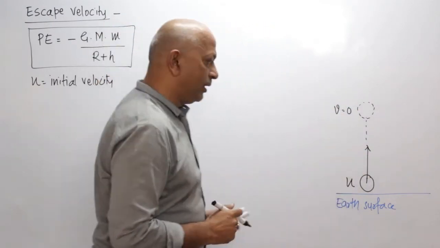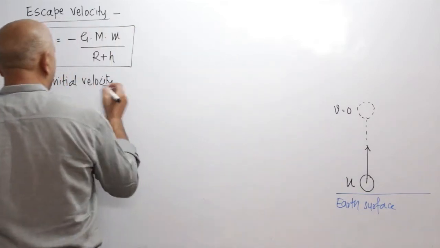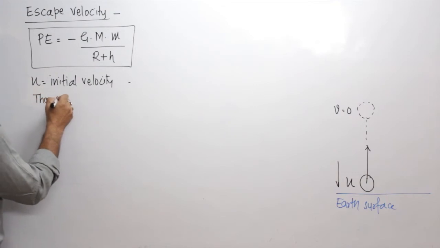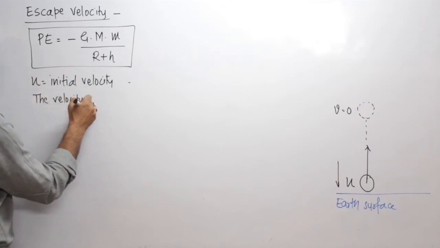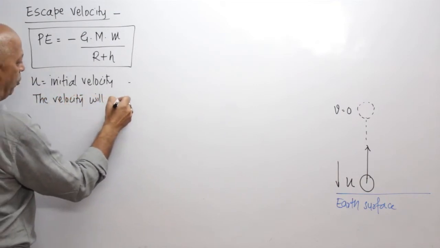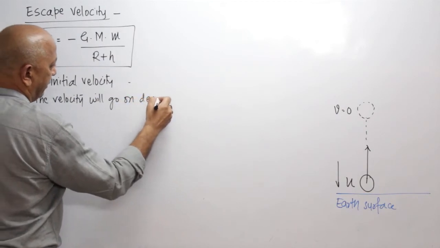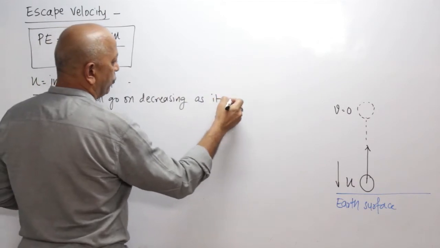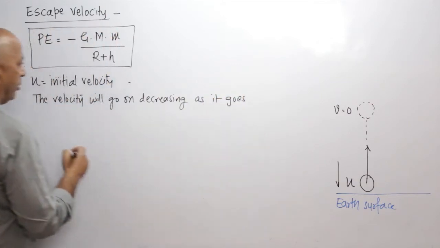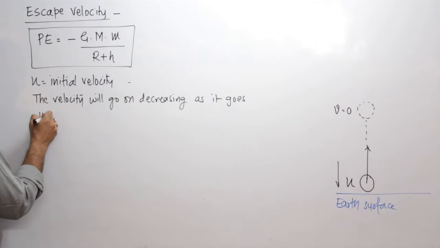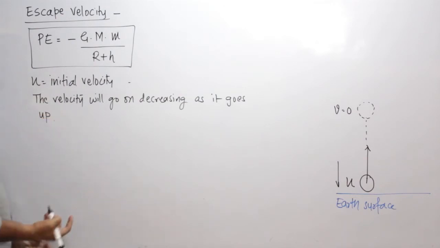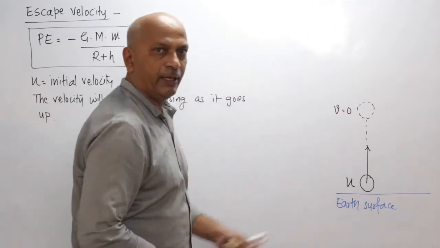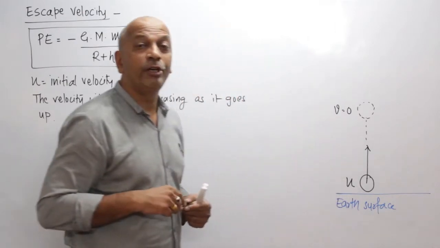ह्याची velocity काय होत जाणार? So u will go on decreasing, right? Then we can write down the velocity will go on decreasing as it goes up. As it goes up, its velocity u काय होत जाणार? कमी कमी होत जाणार. Why u will go on reducing?